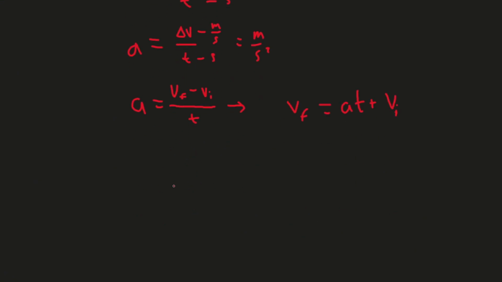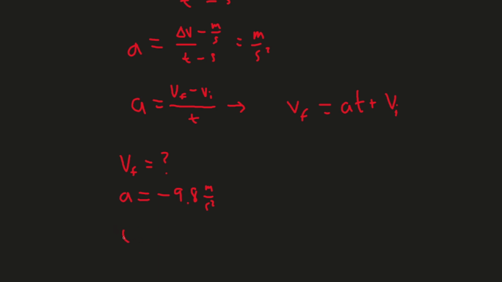So let's put a little chart of what we know. VF we don't know, and we want to figure that out. That's basically the velocity of the ball right before it hits the ground. Then acceleration, which is negative 9.8 meters per second squared.